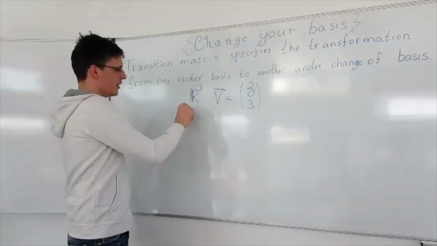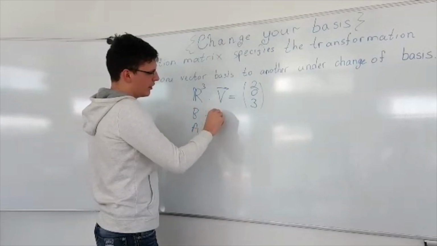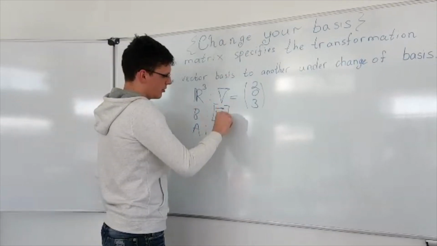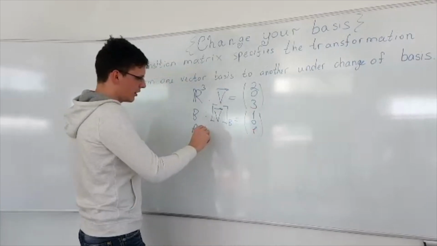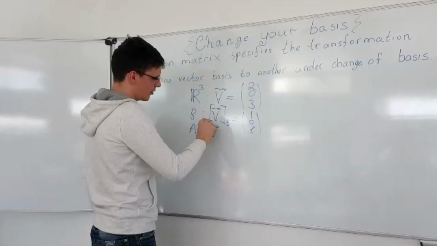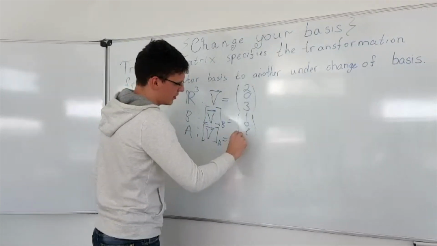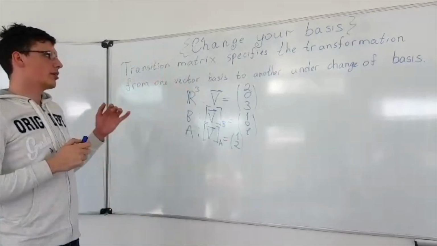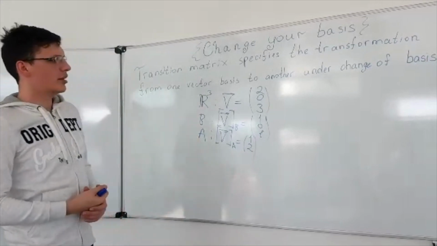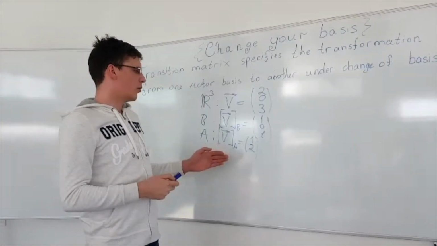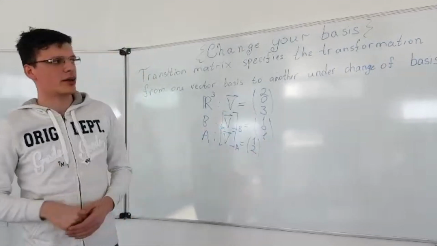Now we have two different bases, for example basis A and basis B. In basis B, our vector has coordinates like this, and in basis A it has something like this. And the transition matrix specifies the transformation from one basis to another. That means that it shows how we got this coordinate vector from that one by changing the basis.